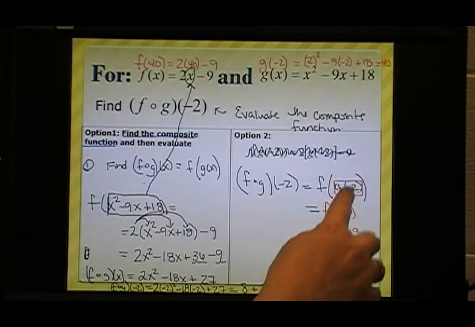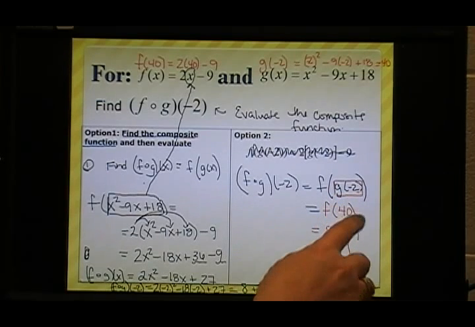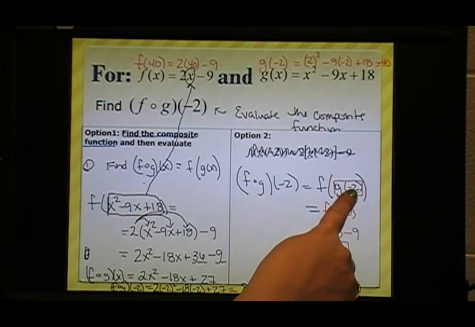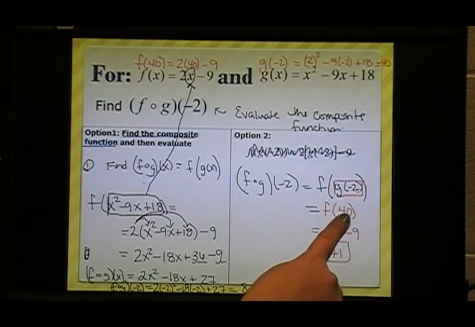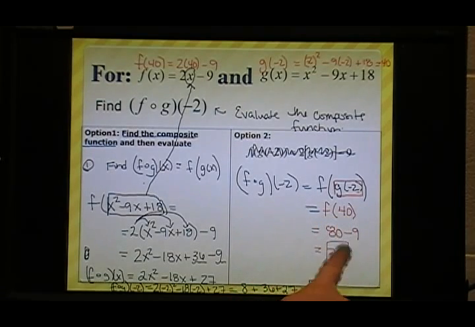Then we take that output, right? g of negative 2 equals 40, which means if I input negative 2 into g, the corresponding output is 40. Then we take that output of g and input it into f to find this output here.